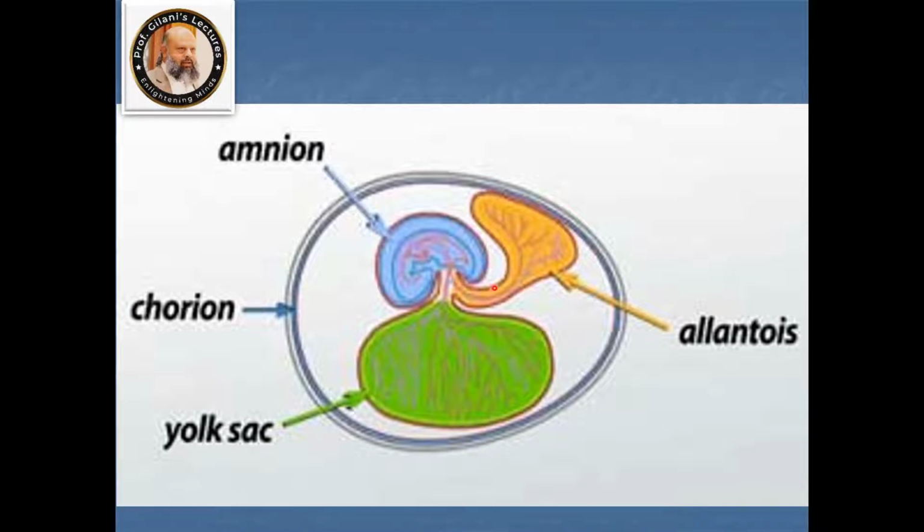Here it is extra embryonic that removes waste from the embryo. The allantois exchanges oxygen and carbon dioxide with the air outside the eggshell and serves as a disposal site of uric acid. The yolk sac is the extra embryonic membrane that surrounds the egg yolk.